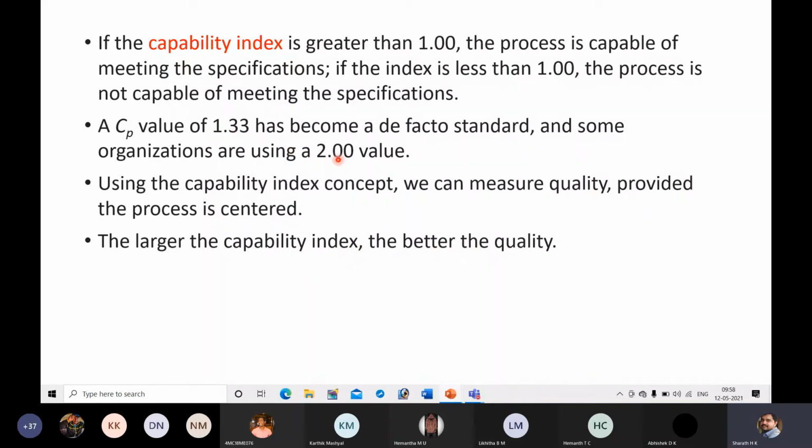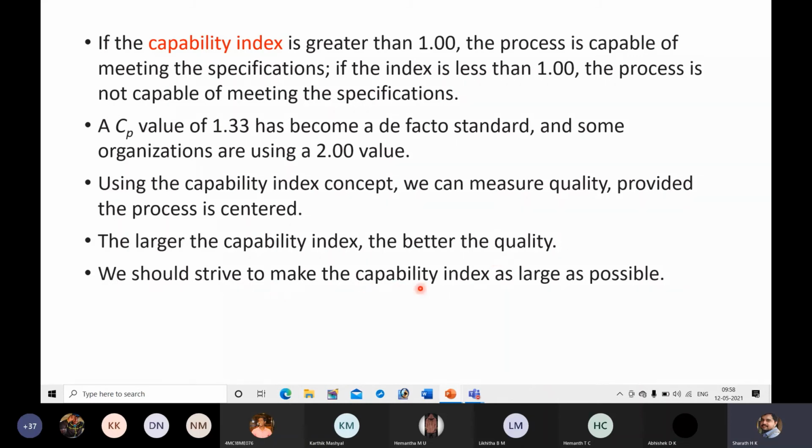So if a company is producing products by keeping the process capability index at 2, that means they are able to produce better quality products than companies which have kept the process capability index value at 1.33. Larger the capability index, better the quality.